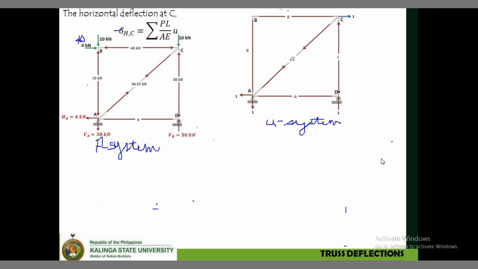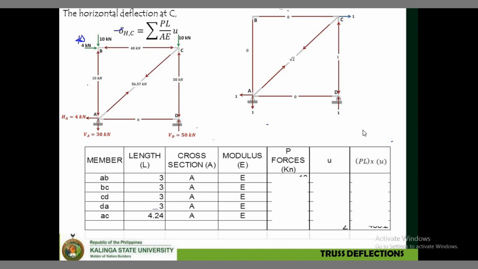So, ano tong mga figures na to? Bakit ko ginanyan? Now, in using the equation PL over AE times U, mas madali kung iti-table natin yung ating mga data. Now, if we try to put the values in a table, so member AB, ang length ni member AB ay 3.